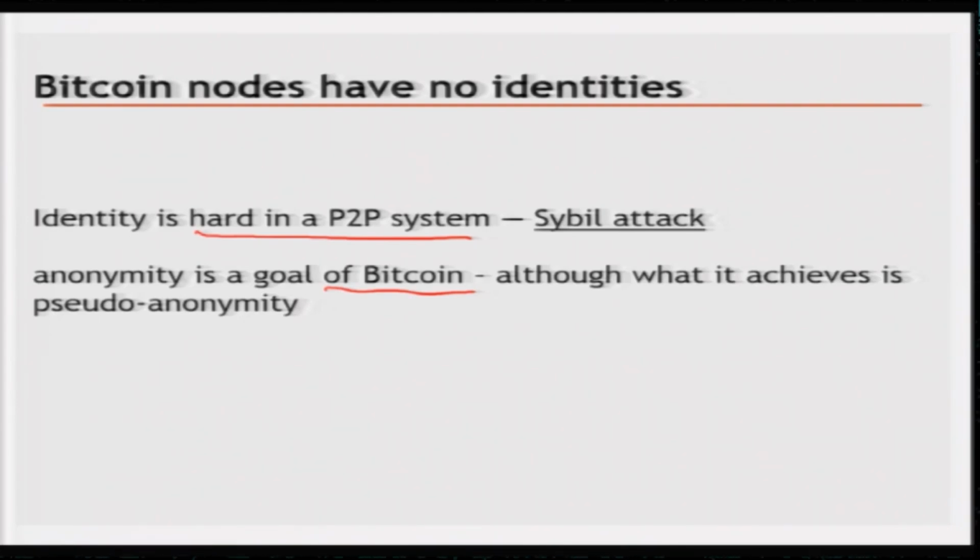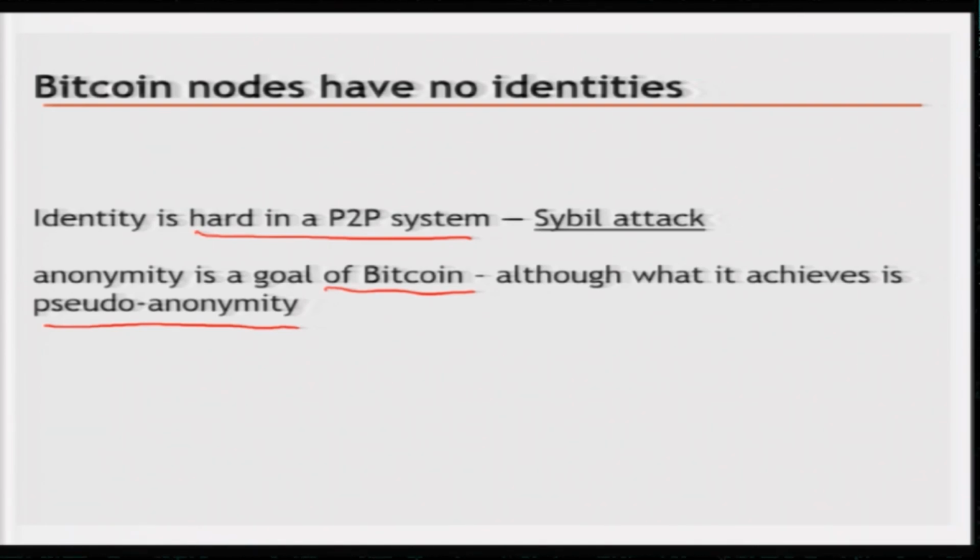So, in a sense it is pseudo anonymous, but as I said, it is almost impossible to establish the real identity, even if you do all this to know which accounts are together and which accounts are not together, you still cannot really know who the real person behind that identity is. But that is a goal of Bitcoin.